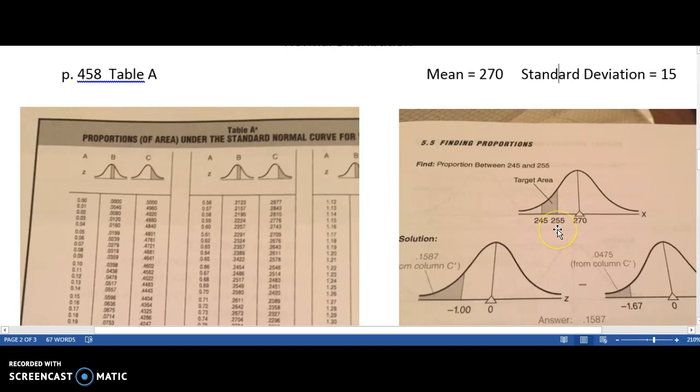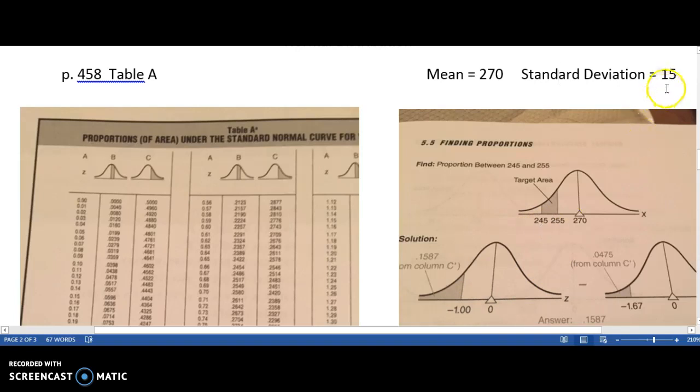So we first need to find the z-score for each of these points. 255 is exactly 15 points below the mean, or 1 standard deviation below the mean. So this z-score is negative 1.00. That's this curve right here, negative 1.00. 245 is a little further out.